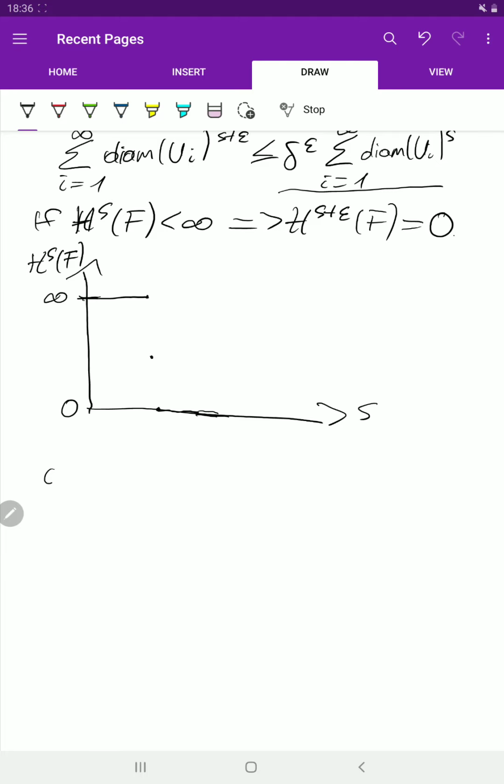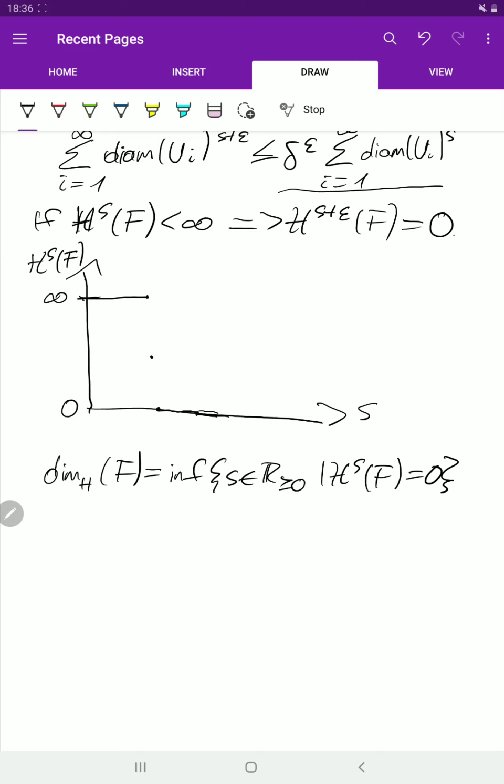So let me first define now the dimension with that knowledge, and then let me tell you a little bit more. We define the Hausdorff dimension of the set F to be the infimum of all non-negative numbers s such that the Hausdorff measure is 0. So we go along this graph, then we look at the infimum where it's 0, or we can also define it as a supremum.